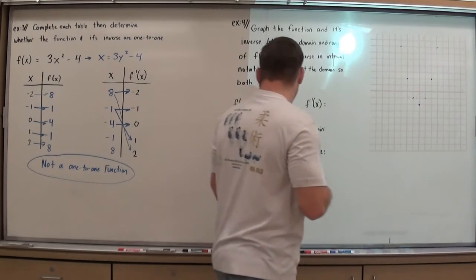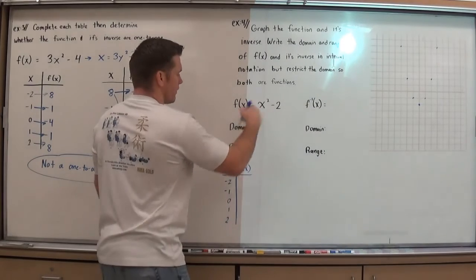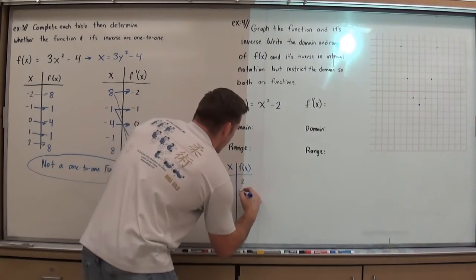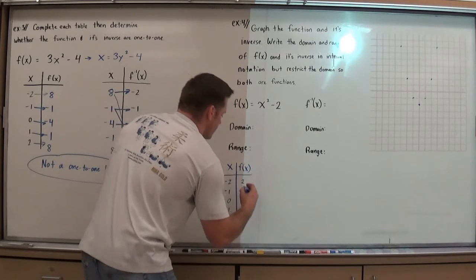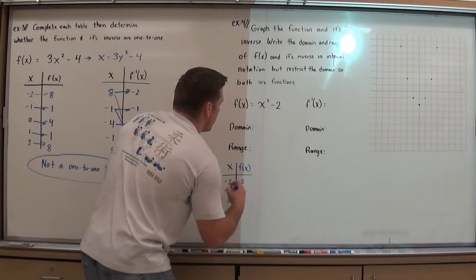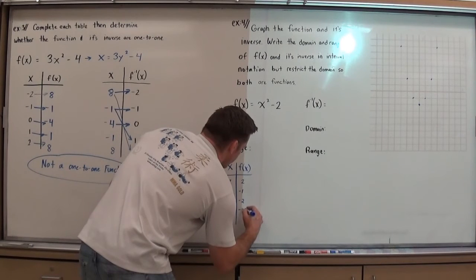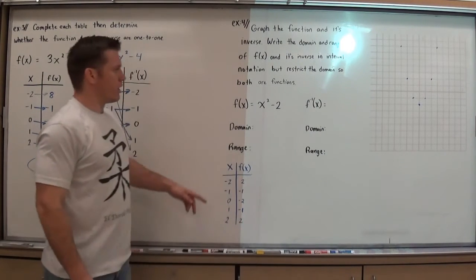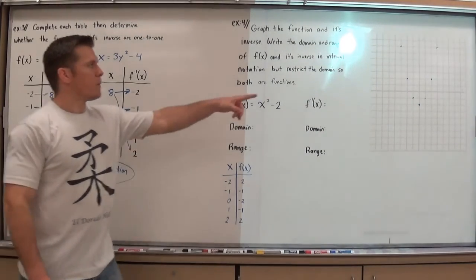But if you didn't, you could find those points, plug them in. Negative 2 squared is 4, 4 minus 2 is 2, negative 1 squared is 1, minus 2 is negative 1, 0 squared is 0, minus 2 is negative 2, 1 squared is 1, minus 2 is negative 1, 2 squared is 4, minus 2 is 2. And you could get the first few points that way as well. I just found a few more.